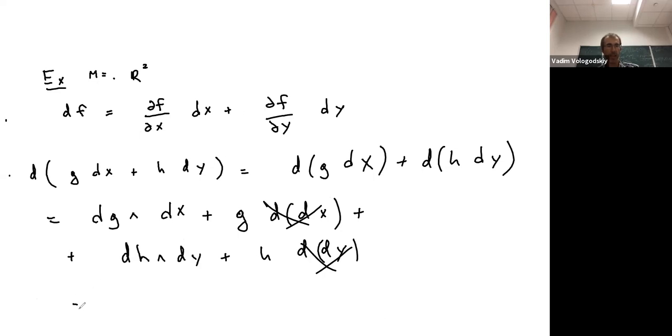Then what we'll get is negative dg over dy dx wedge dy.